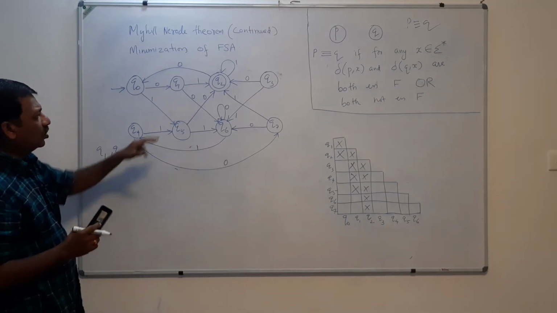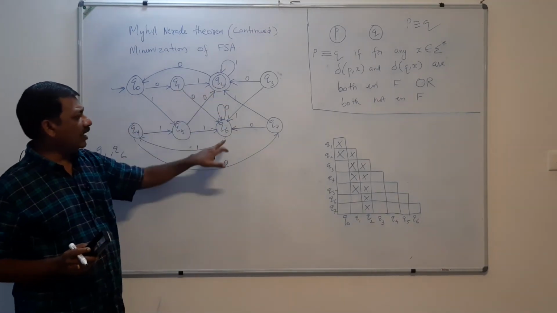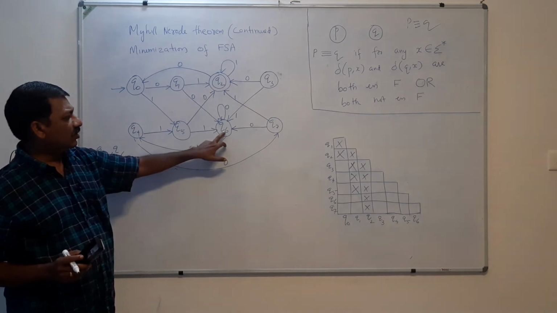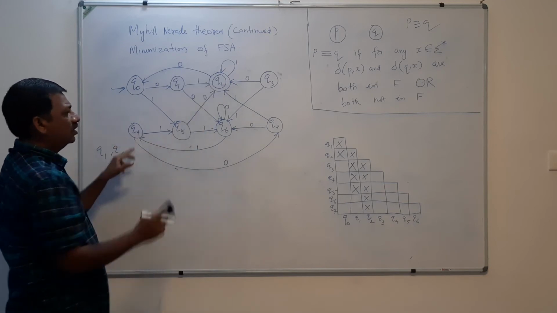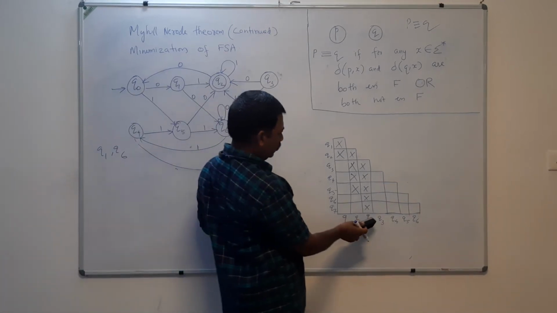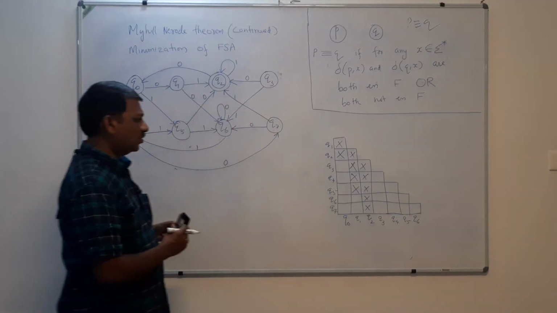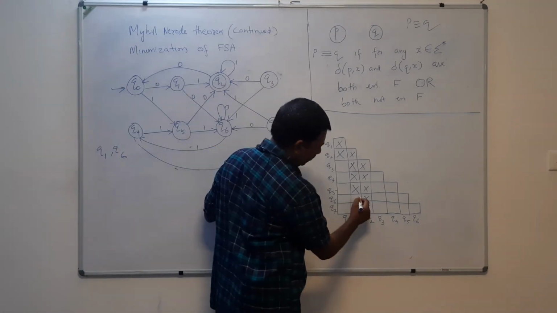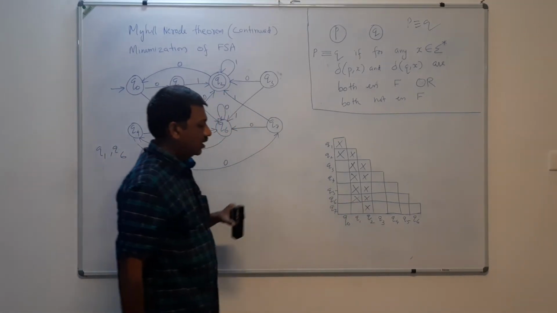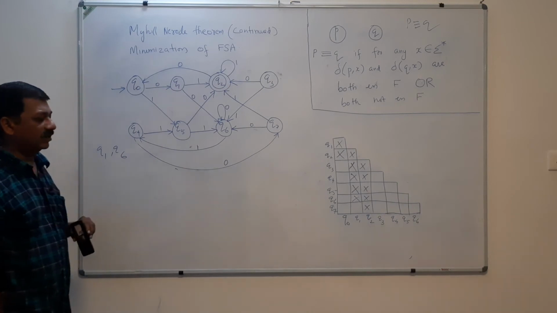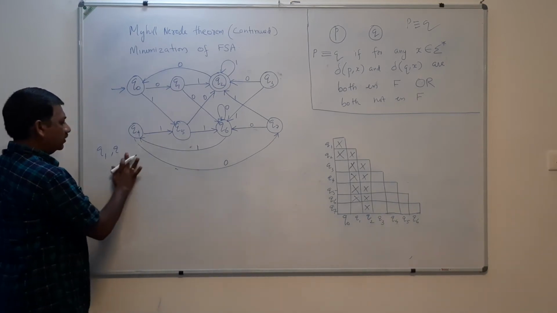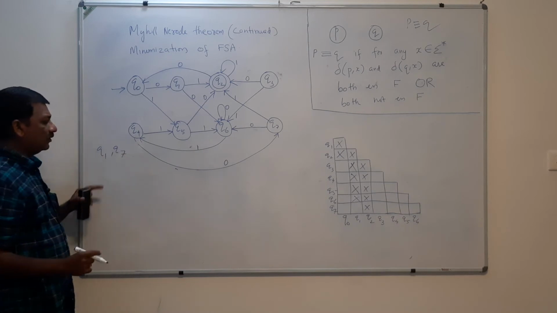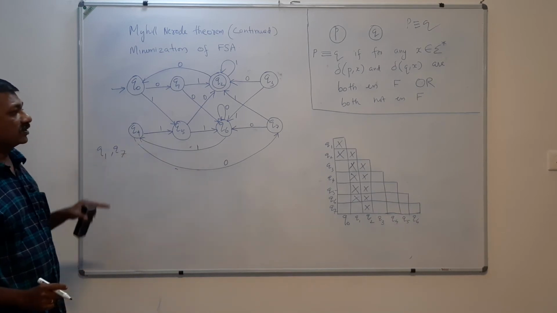Q1 on 1 is Q2, and Q6 on 1 is Q4. Q2, Q4 is distinguishable, so this is also distinguishable. Okay. Now what about Q1, Q7? We are going to check whether Q1 and Q7 are distinguishable.